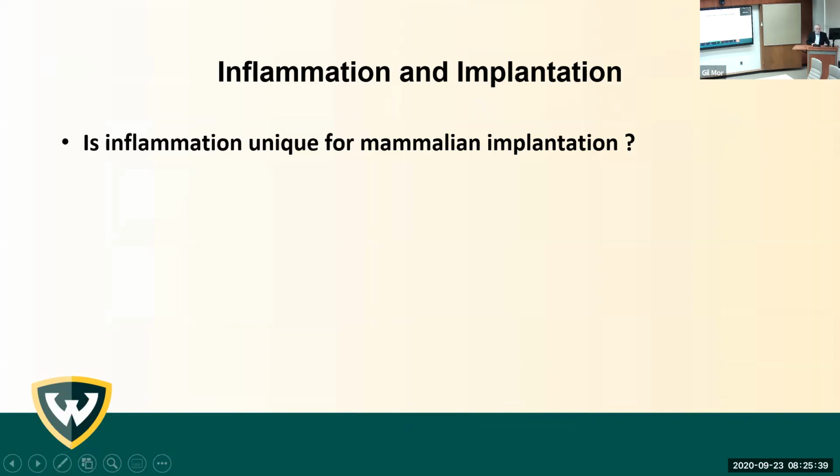So I have had many discussions about this idea, this process, with colleagues. And I remember presenting this lecture once, and one of my colleagues in the audience asked me, okay, is this something that is unique to the human?